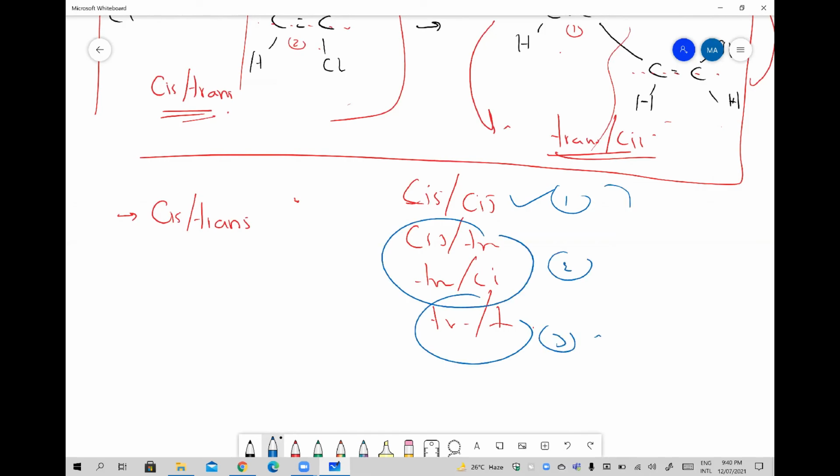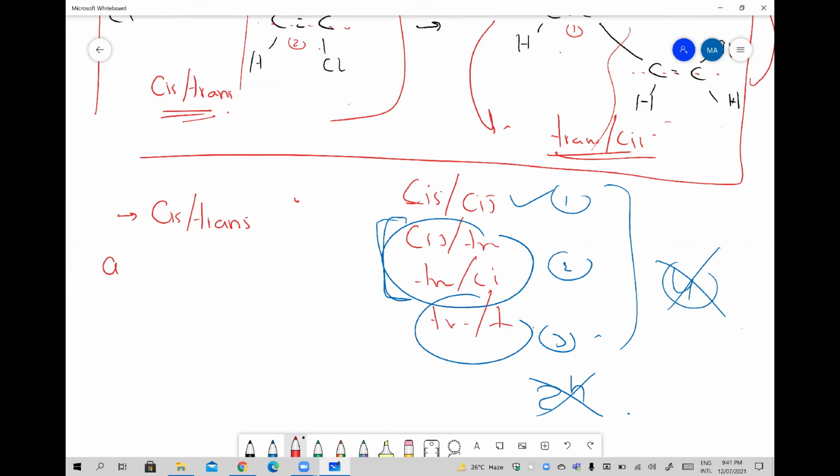Students usually write this as 4 isomers. That is wrong, because the 2 over here are exactly the same compounds. This is why a combination of symmetric molecules will produce only 3 combinations, not 4. This is where you cannot follow this 2 raised to the power of n technique. This 2 raised to the power n technique is only followed for asymmetric compounds.